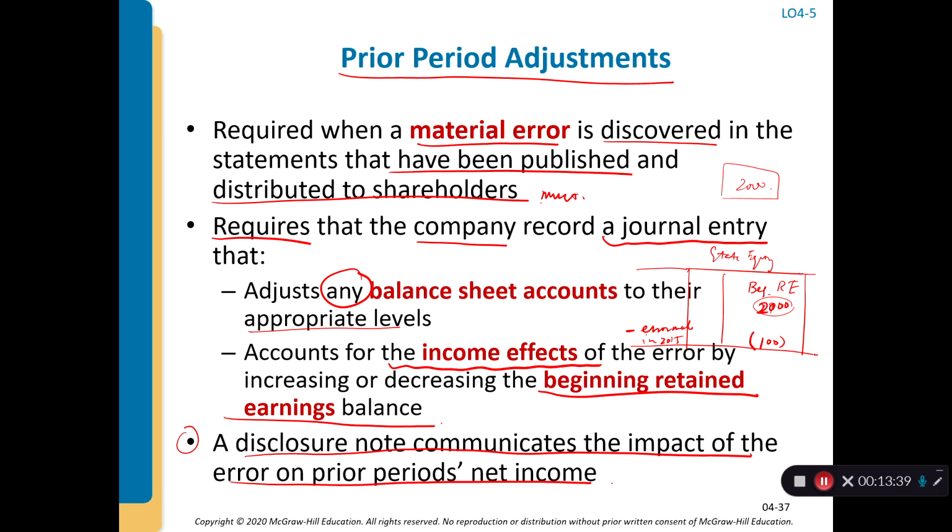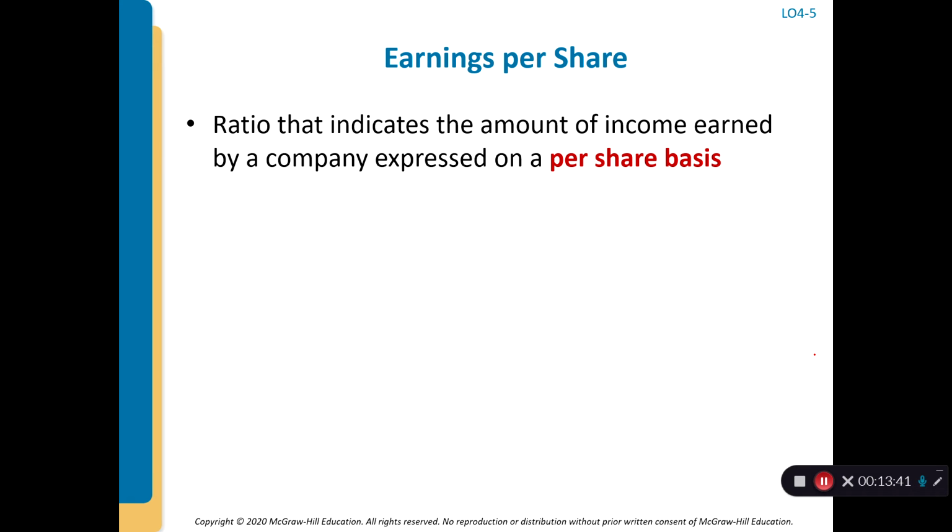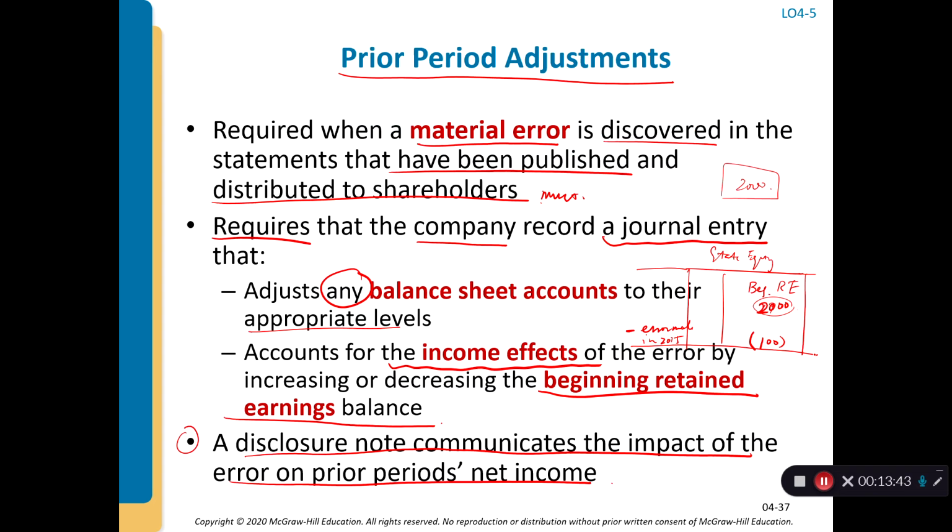Okay, so after that, we have almost talked about everything related to how to come up with a net income number, right? The net income number is contributed by continuing operations and discontinued operations.